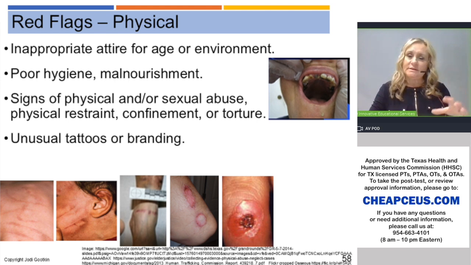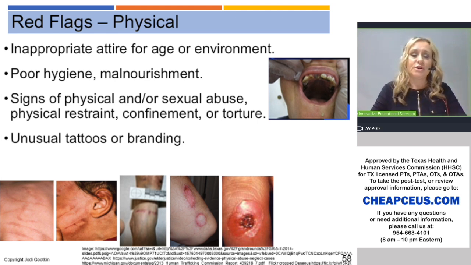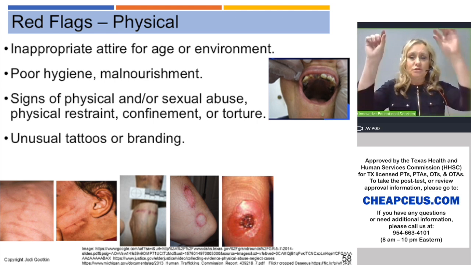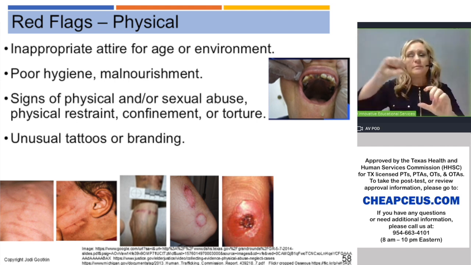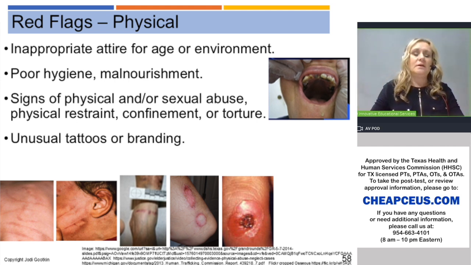Anytime there's a symmetry or a pattern, it's usually a concern. In the next image, if you see two parallel bruises or marks with a space in between, and unfortunately this individual also has the mark and the bruising on the ear, that could be from being struck with a belt.